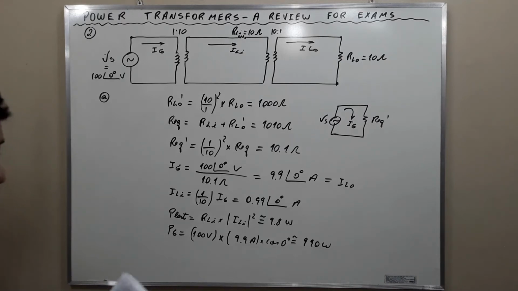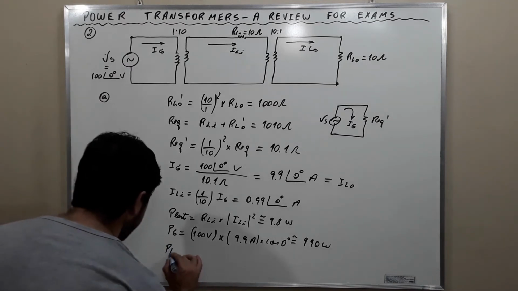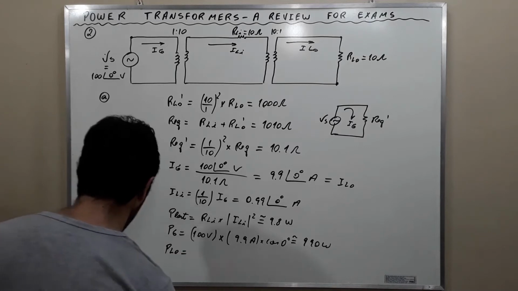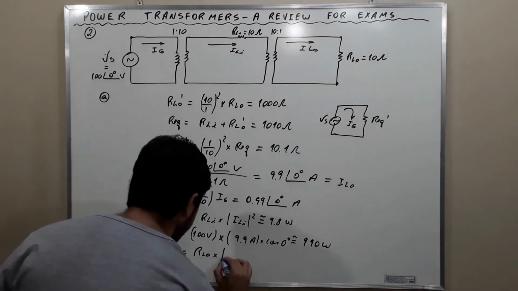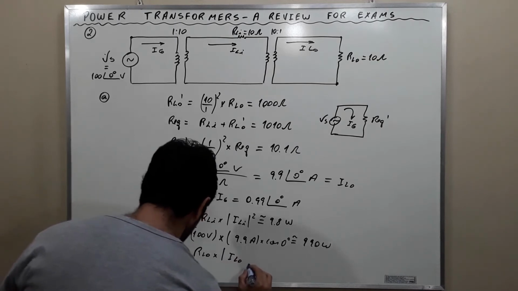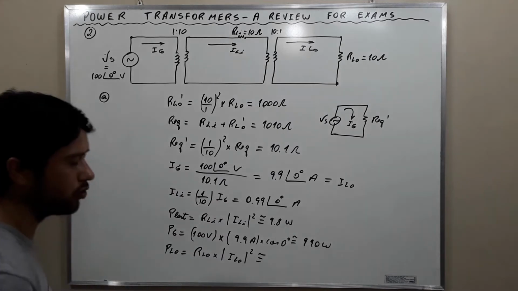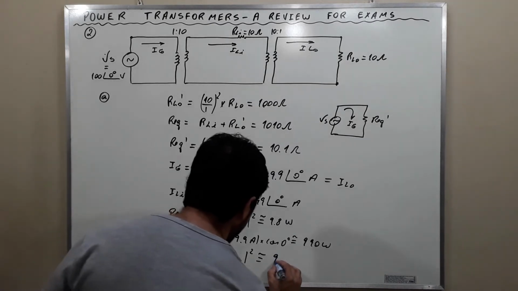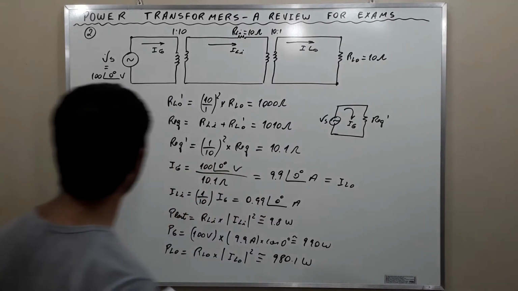We can calculate the power delivered to the load. The power delivered to the load is R_LO times I_LO squared, and it is approximately equal to 980.1 watts.